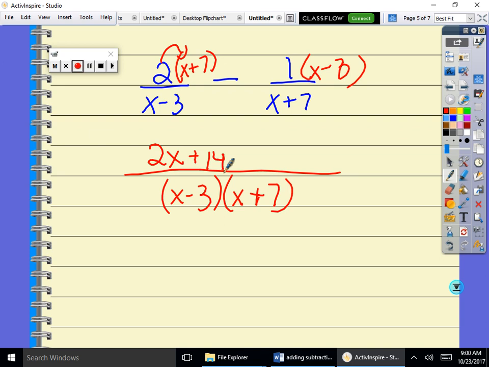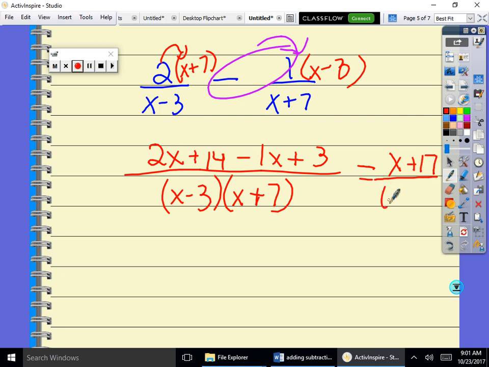What am I going to distribute on the other side? A negative 1. So I get minus 1x plus 3. What is 2x minus 1x? X. And 14 plus 3? 17. All over x minus 3, x plus 7.